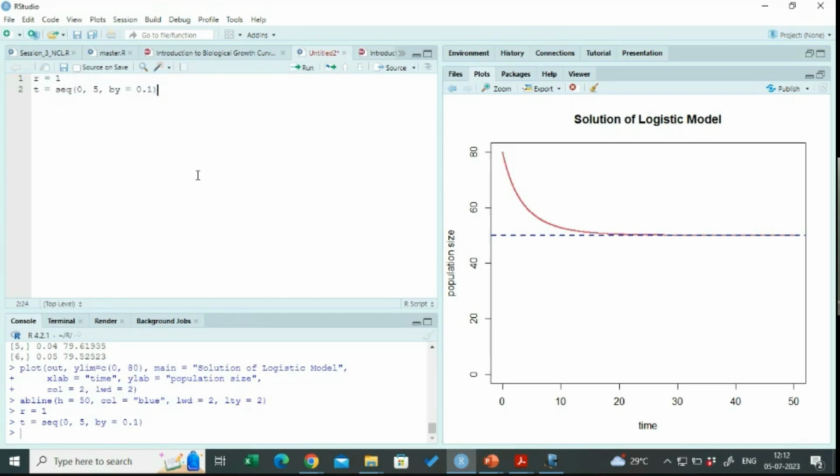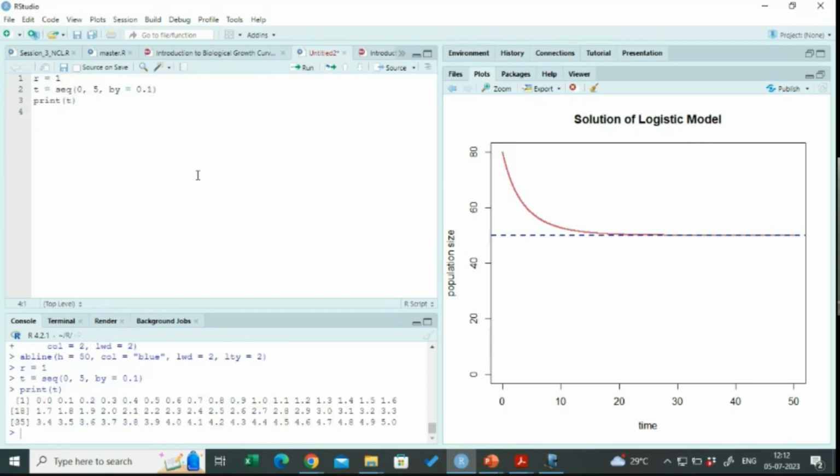If you print t, these are the values. So what will be your x values, the corresponding solutions? Suppose you start from x0, the initial population size, say x0 equal to 3. Then x is equal to x0 times exponential of r into t.